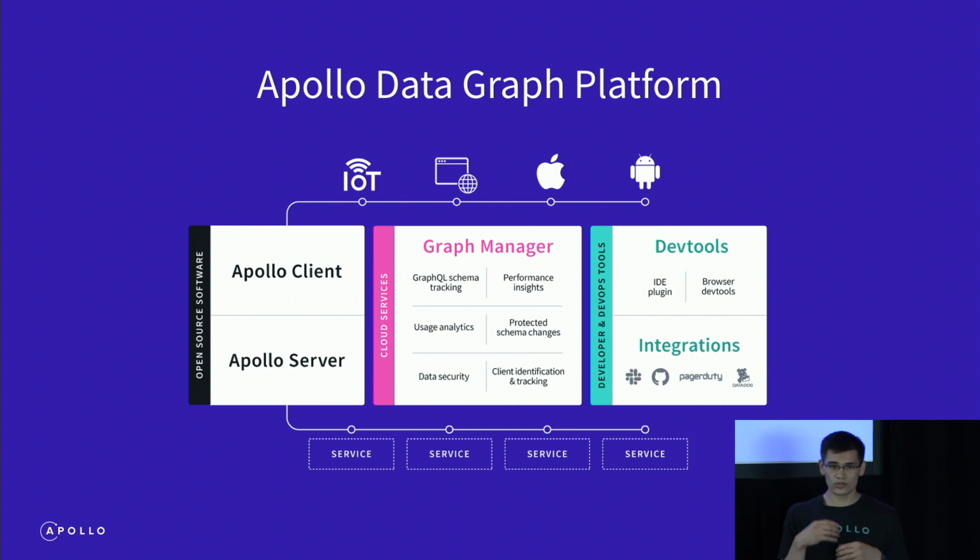So in addition to the producer and the consumer of the GraphQL API, we have a Graph Manager. And what the Graph Manager does is provide solutions to workflows that are necessary for GraphQL development. During the demo, we're going to focus on a couple different key workflows, including schema tracking, performance insights, protected schema changes, and a little bit about the client identification.